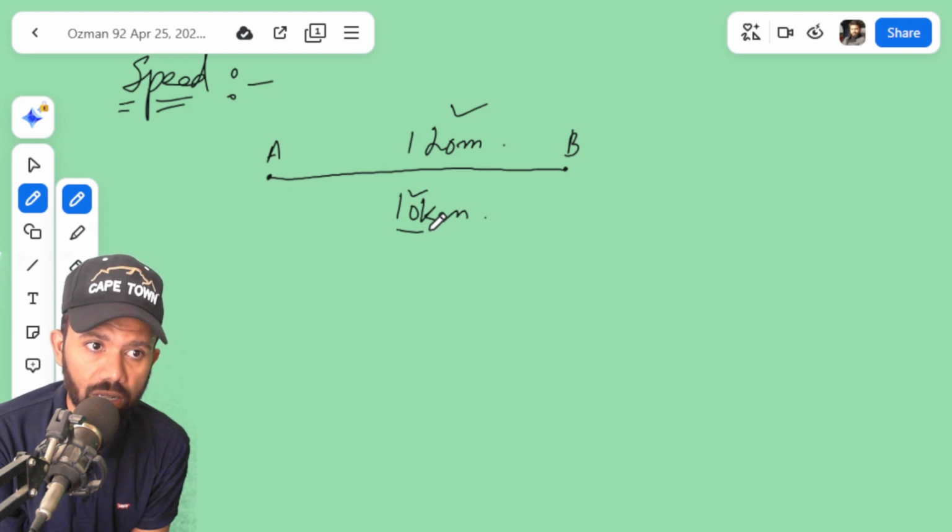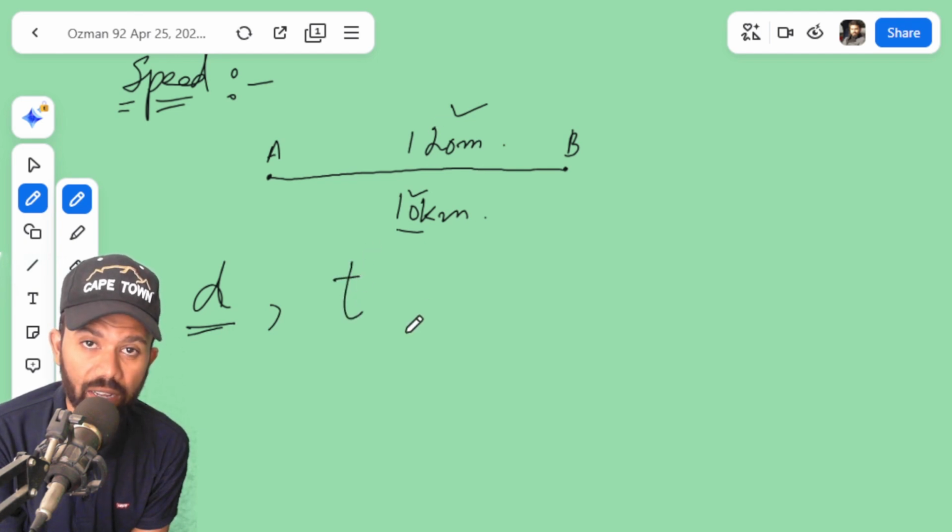Remember, it won't tell about the speed of the motorbike at any instant between A and B. It'll tell about the average speed of that motorbike, right? So we have distance that is represented by D, time that is represented by small t, and V that is speed.